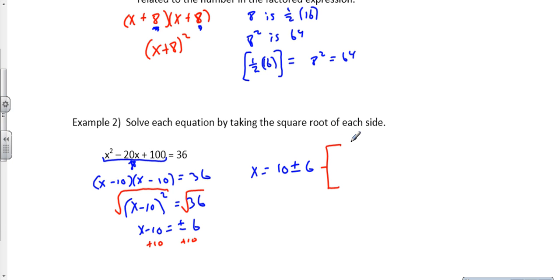One is x equals 10 plus 6, and the other is x equals 10 minus 6, which gives us 16 in one case and 4 in the other.